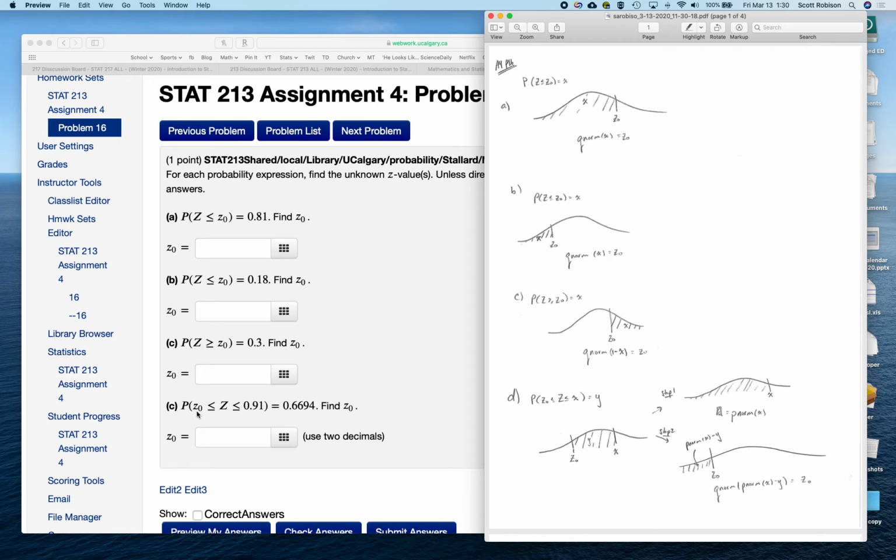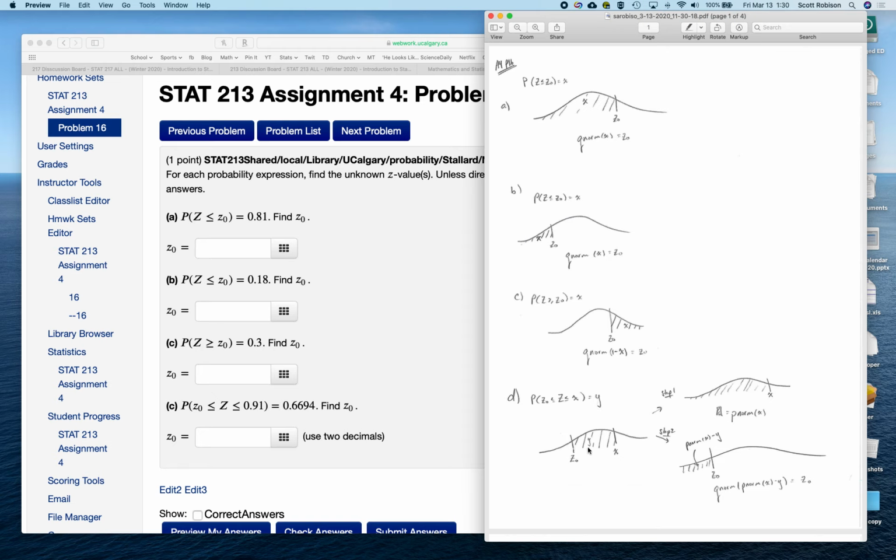Finally, part D puts together a little bit of this notation. So here I've got the standard normal distribution, I've drawn it here, such that in between some value called z sub 0 or z naught and some other value, which happens for me to be 0.91, I have some amount of area given.